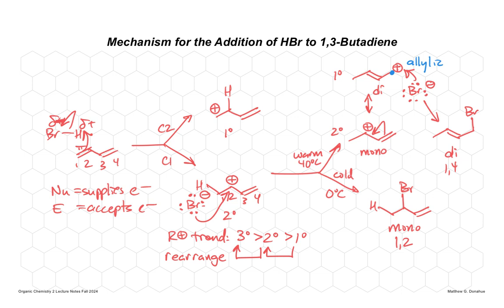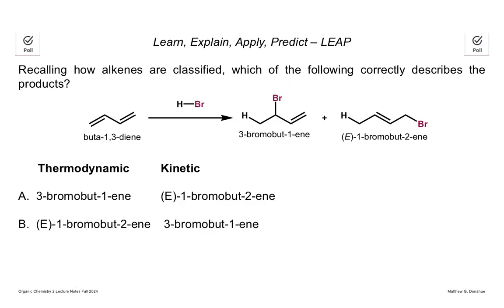Over the next couple of slides, we'll go over that step by step. Recalling how alkenes are classified, which of the following correctly describes the products? I have these terms kinetic and thermodynamic. Kinetic is rate.